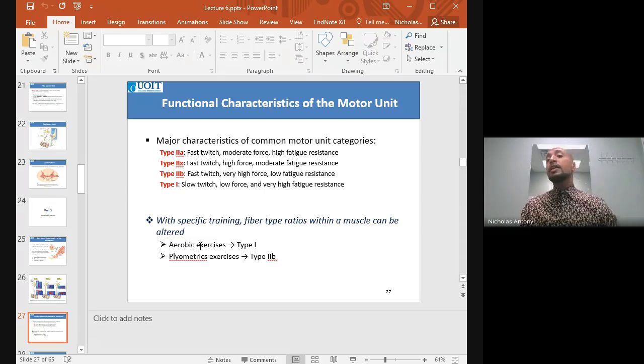That's because for all the given motor units in that muscle that we're talking about, there is now a higher percentage of fast twitch versus slow twitch. So for activities that require endurance, you would have more slow twitch. For things that generally require burst, like jumping or sprinting, for example, you have a higher percentage of fast twitch.